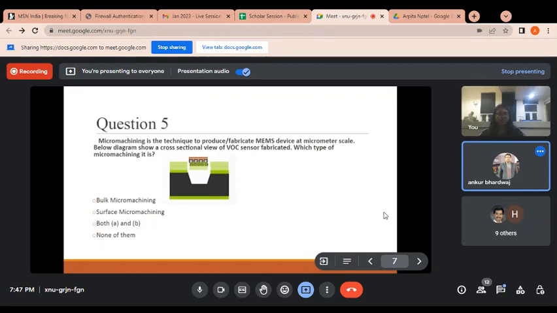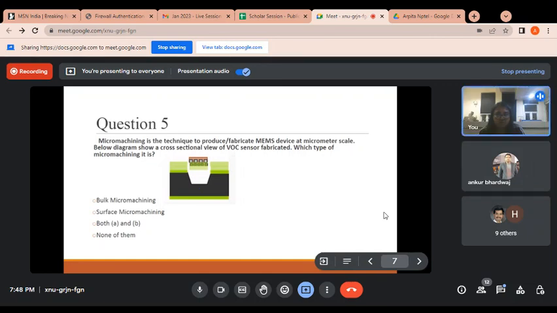Okay, and why is surface micromachining happening here? Because I think the top layer is matching with the side surface. That is why I think this is correct. Good, in both methods.